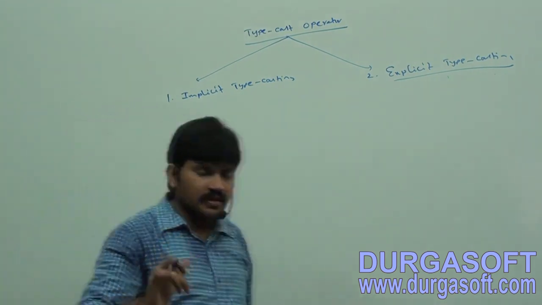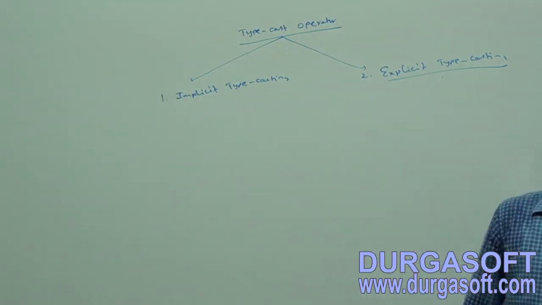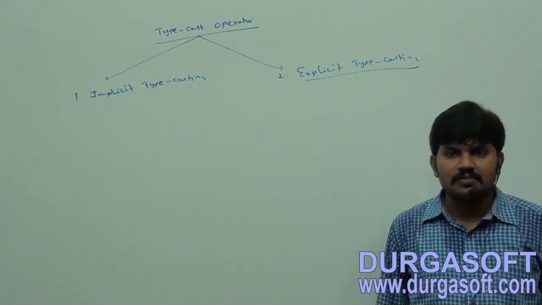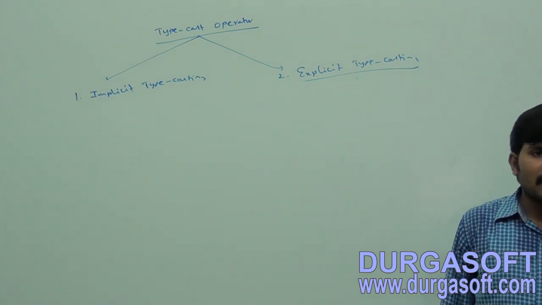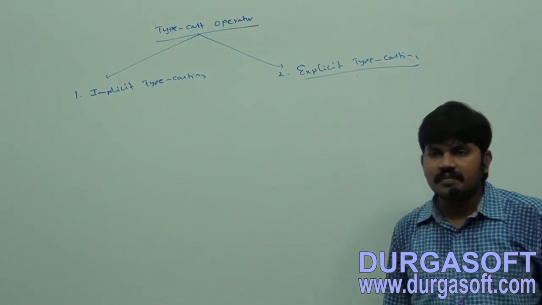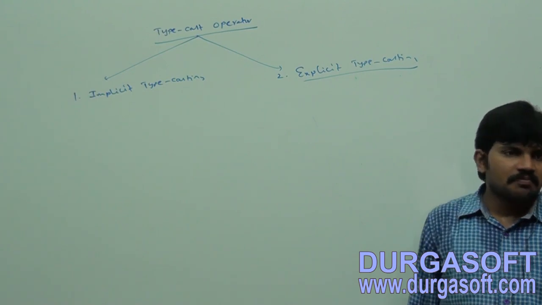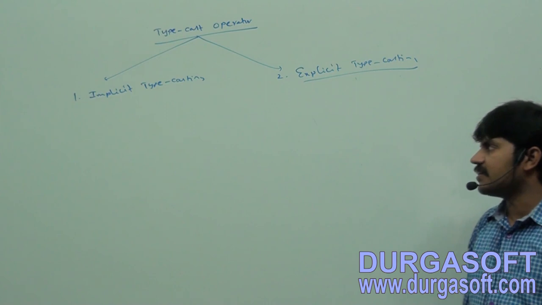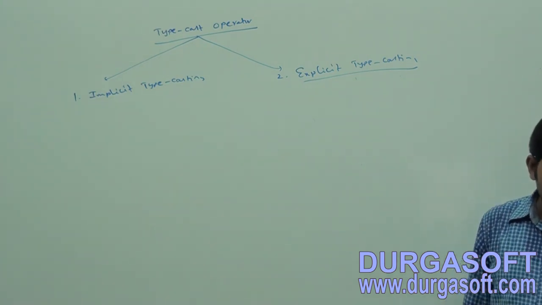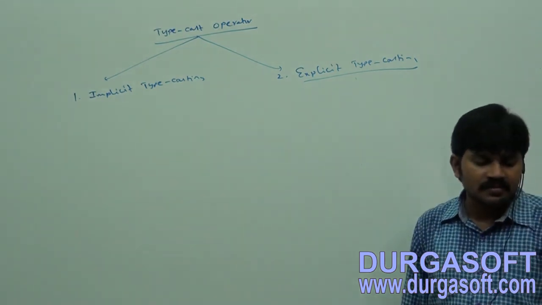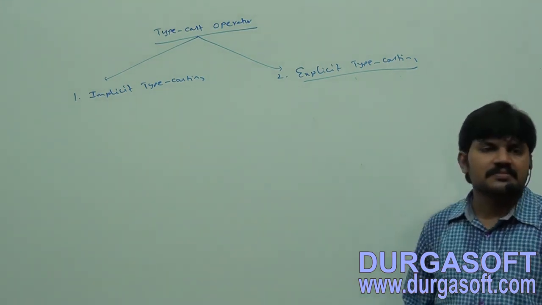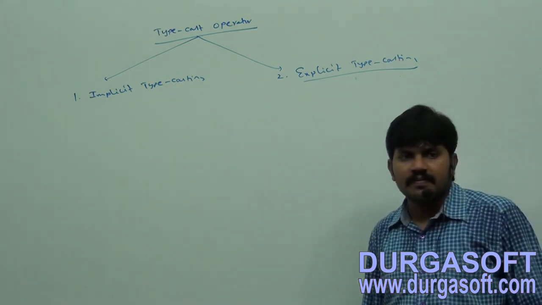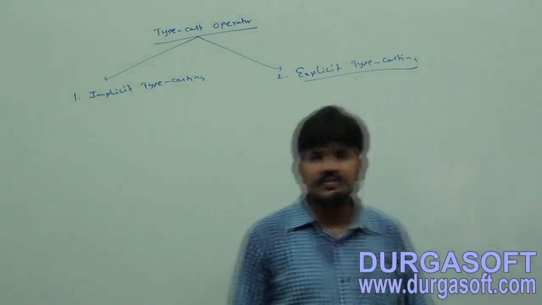There are two types of typecasting: first, implicit typecasting; second, explicit typecasting.